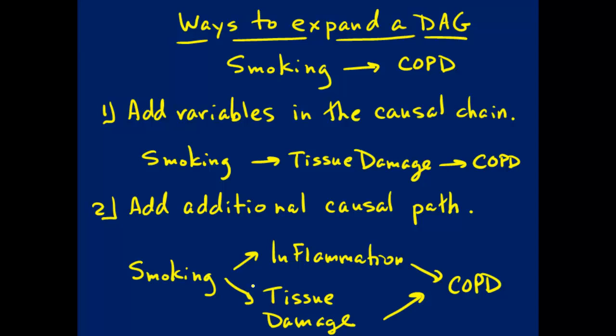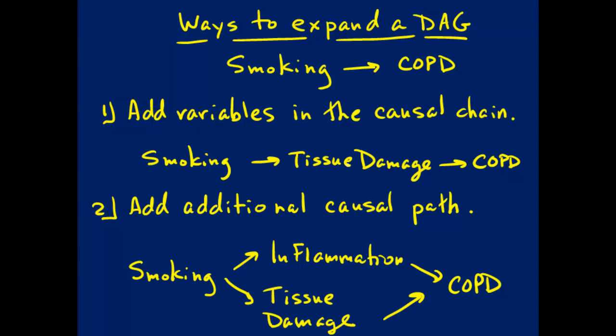For example, if we think that smoking leads both to inflammation and tissue damage, and those both lead to COPD, then this one in the middle here is wrong, because this says that all of the effect of smoking on COPD passes through tissue damage, that it's only the effect on tissue damage that is having an effect on COPD. We've left out inflammation here.